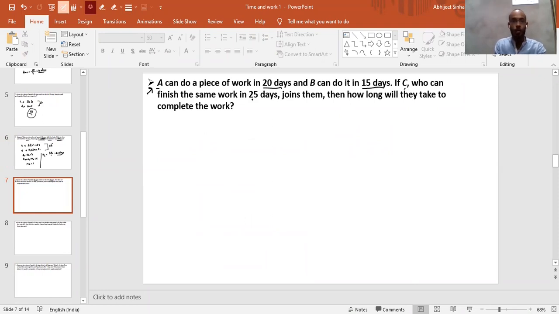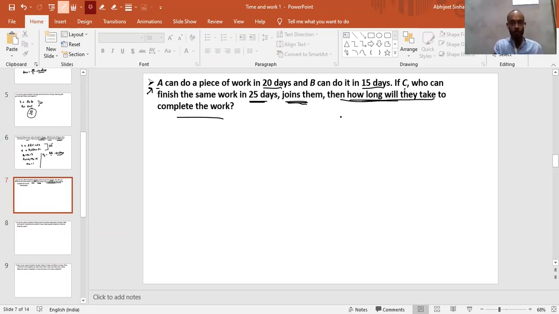If C, who can finish the same work in 25 days, joins them, then how long will they take to complete the work? So are you getting this point? If C alone can complete the work in 25 days, and now C joins them, A and B were already there, all three will take how much time? That is your question.